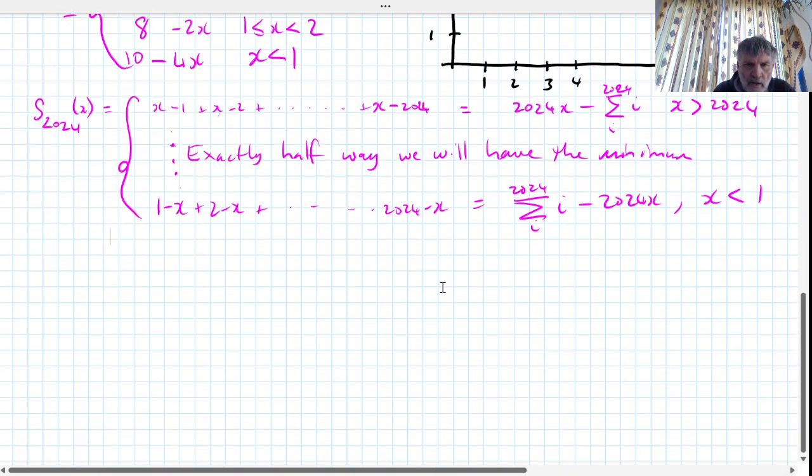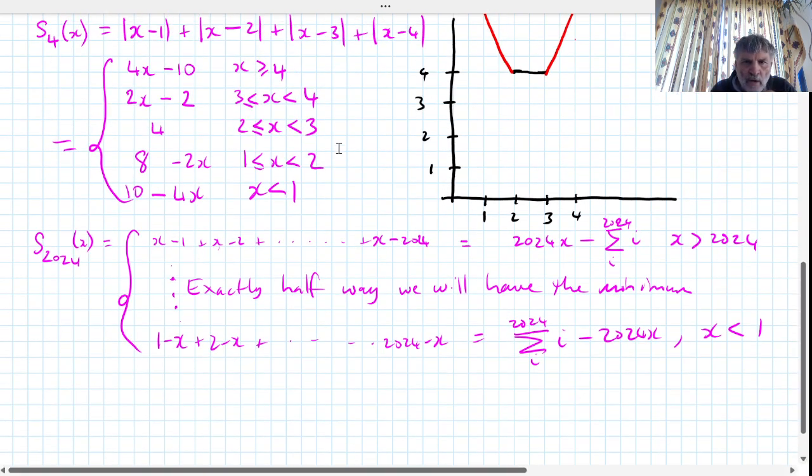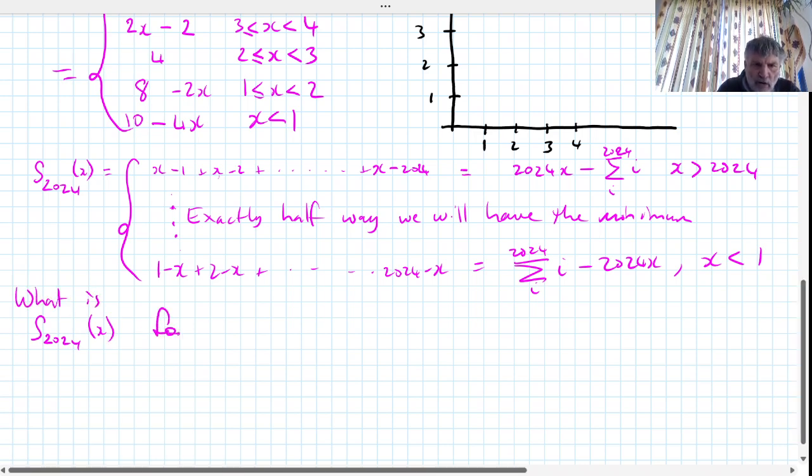So what is the value of S 2024 evaluated at x for 1012 less than or equal to x less than 1013?